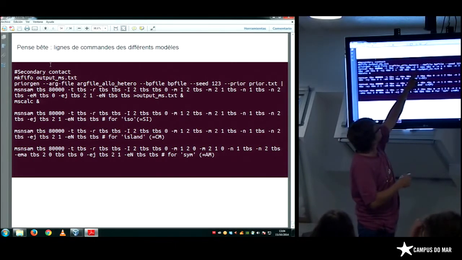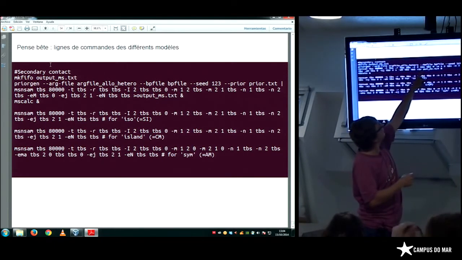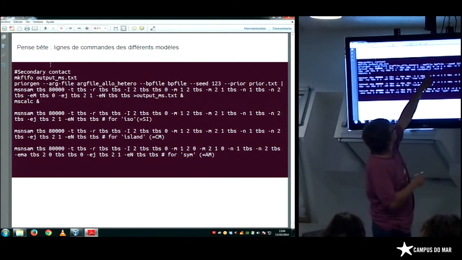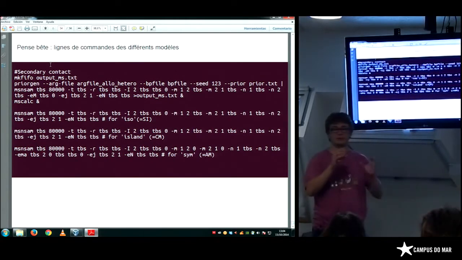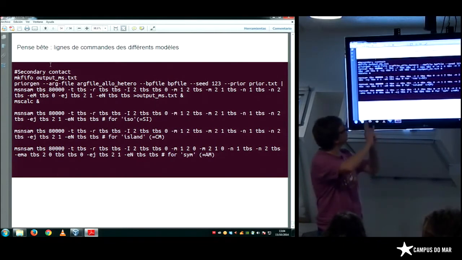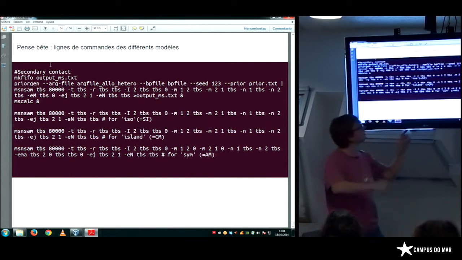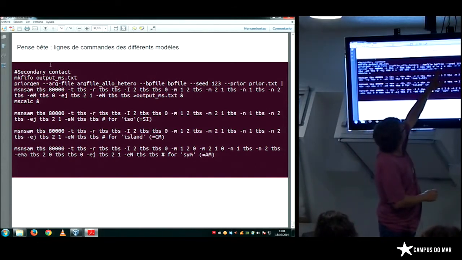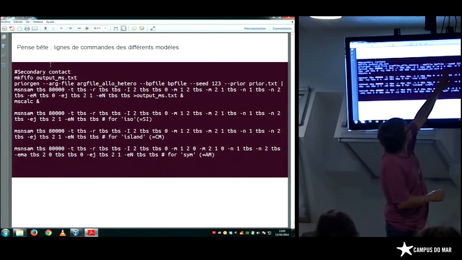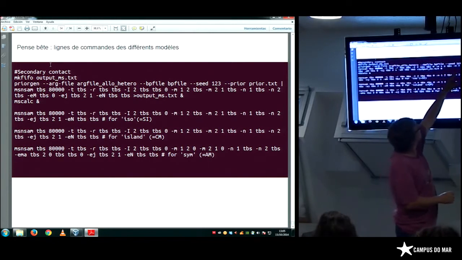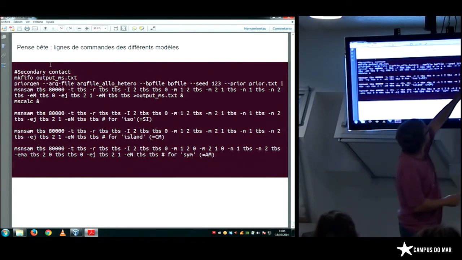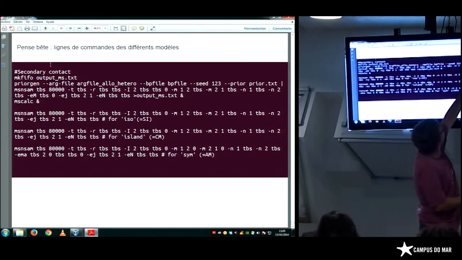An island model with 2 demes, the sample size of deme 1, the sample size of deme 2. No migration, because it's for the period before the secondary contact. Migration from 1 to 2, you have a value. Migration from 2 to 1, you have a value. The population size of population 1, a value.